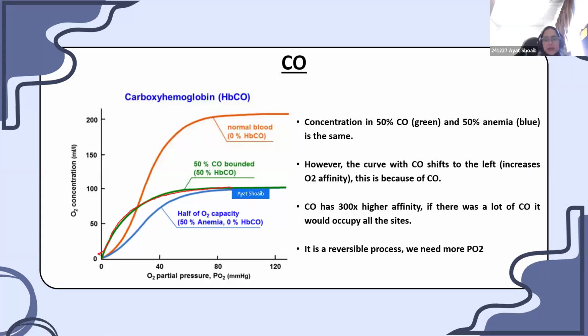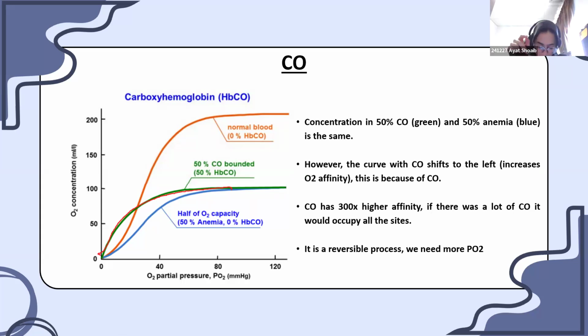It shifts to the left. Why does it shift to the left? Because carbon monoxide itself has a 300 times higher affinity, okay? That's why it's so fast at taking the sites. And even with oxygen, if oxygen binds to its site, it's going to say you're never leaving again. You're in my basement, right? It increases the affinity for it. So increased affinity is towards the left.